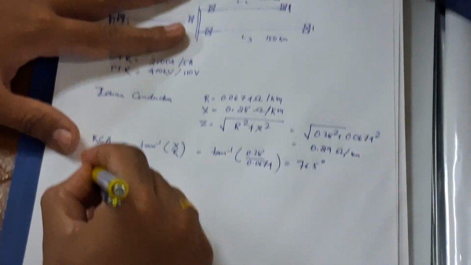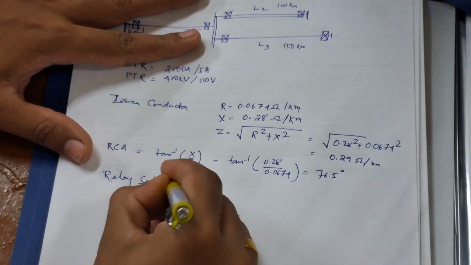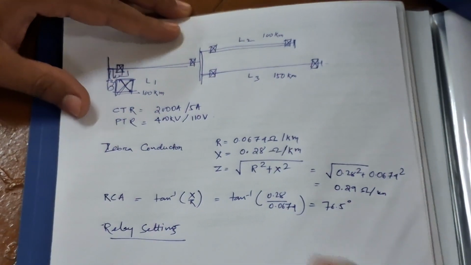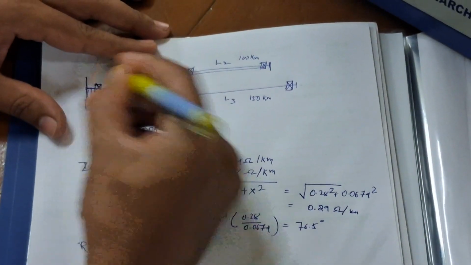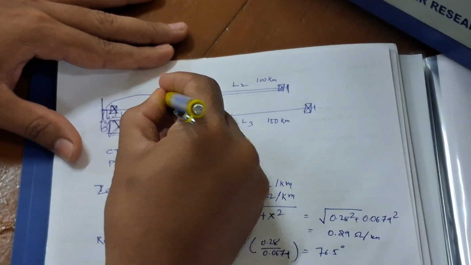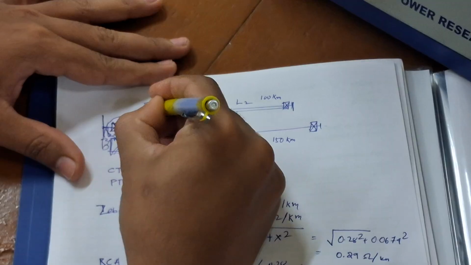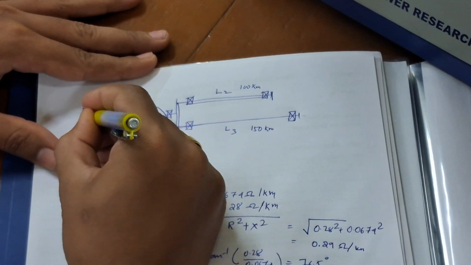For relay setting, we have to know about the zones of operation of the relay. Let's say for this relay, zone 1 is up to 80% of the line. Zone 2 is 120% of the connected line.